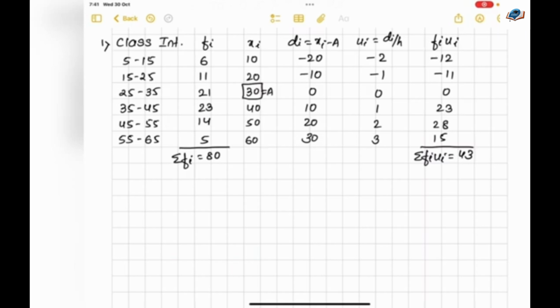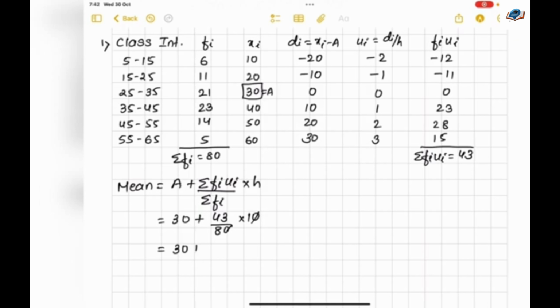Now mean will be A plus sigma fi ui upon sigma fi into h. So that is 30 plus 43 by 80 into 10. So this is coming as 30 plus 43 by 8. So that is 35.36.